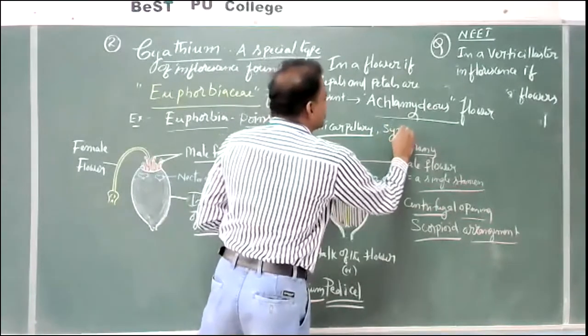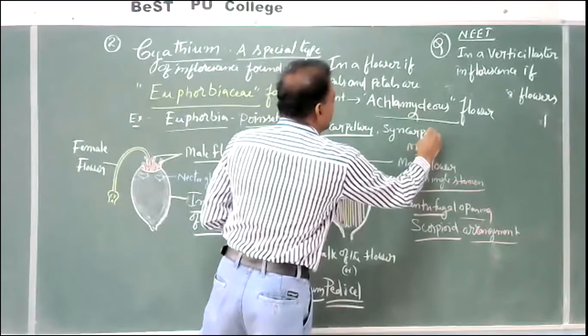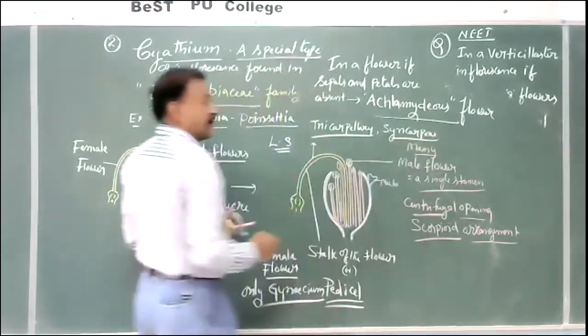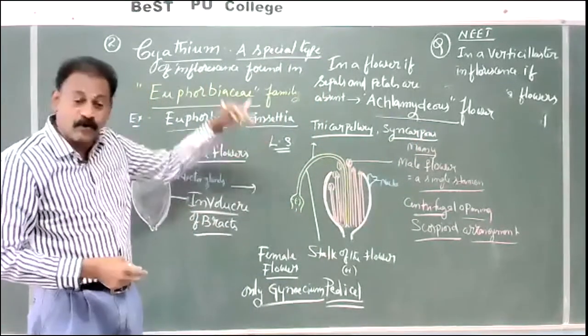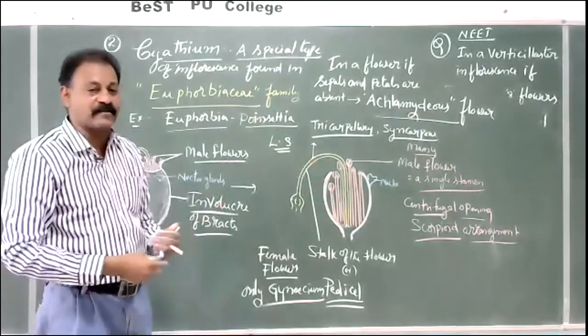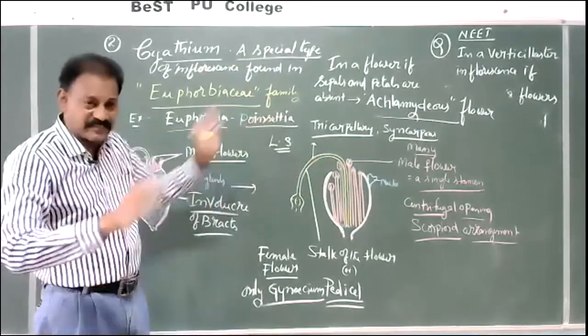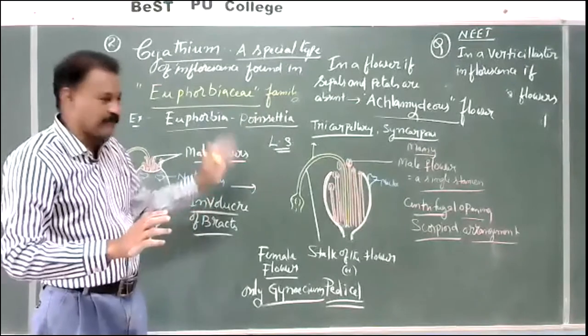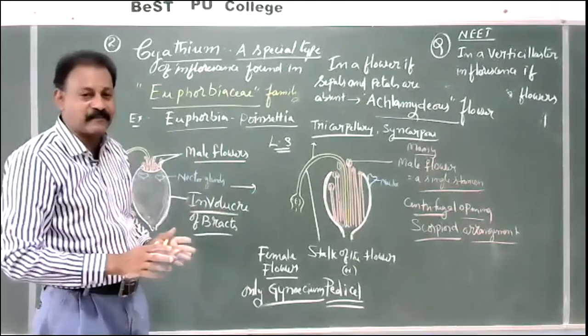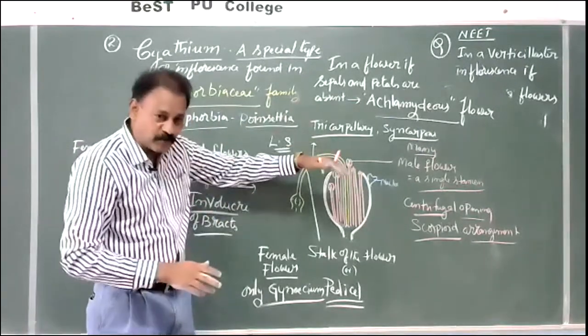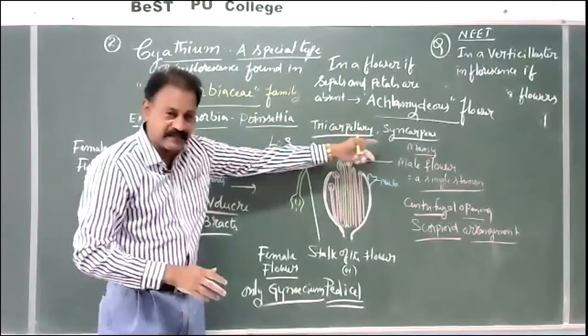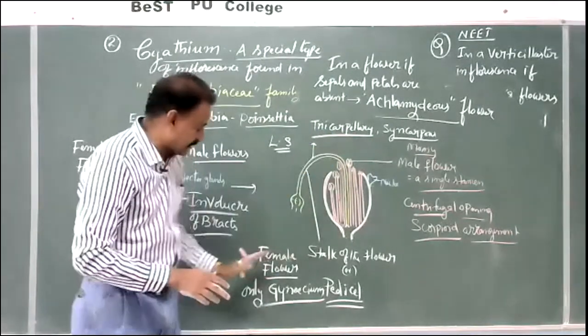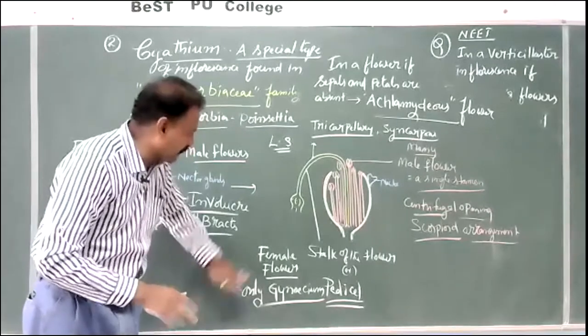Tricarpellary, syncarpous. My dear students, these terms can be studied only when we enter into the flower, because we have to observe what is pistil or carpel, what is meant by monocarpellary, bicarpellary, tricarpellary. But when we teach the flower, we will discuss this directly and in detail. The character is a female flower, only female flower, single.